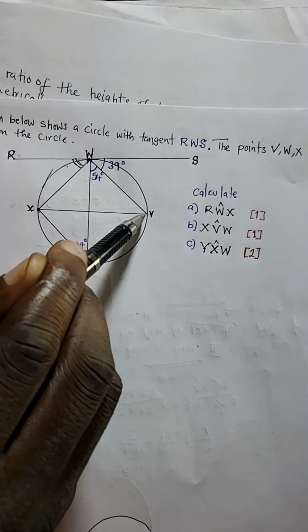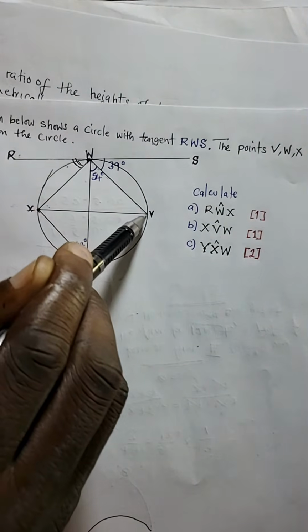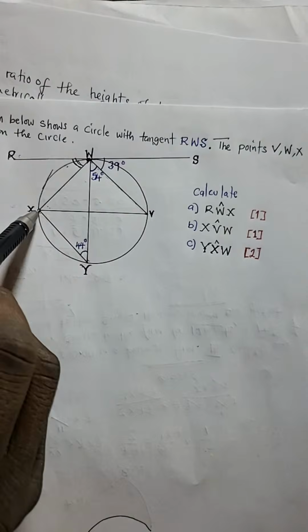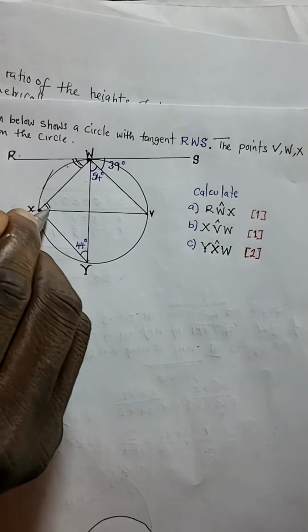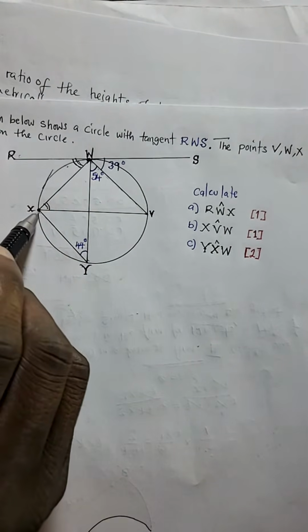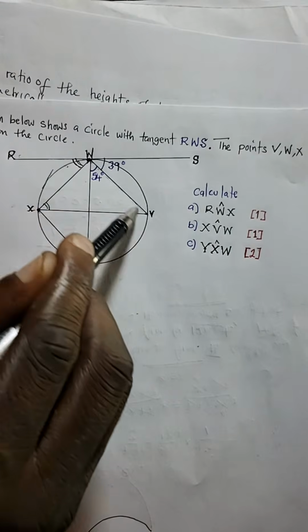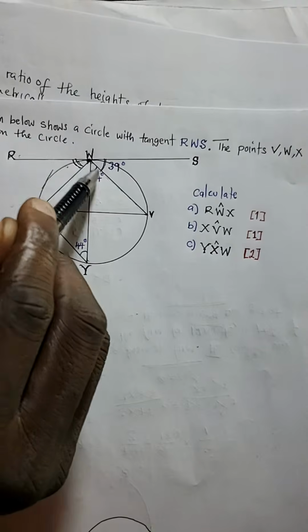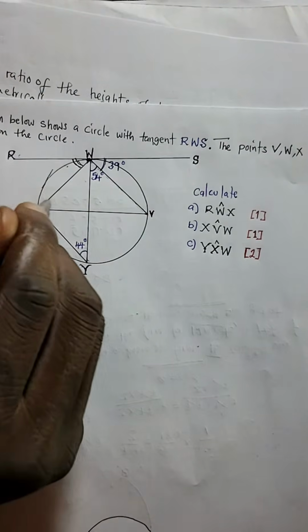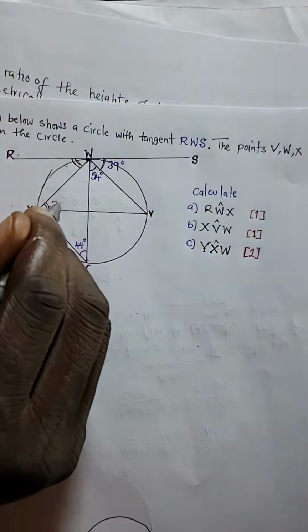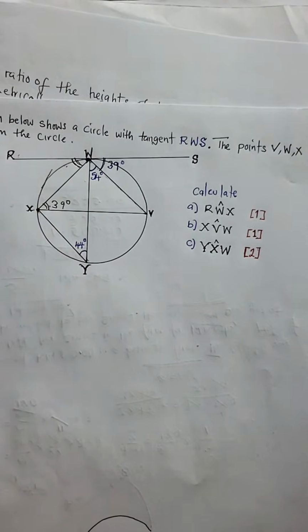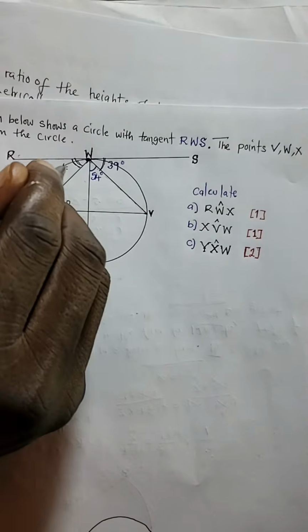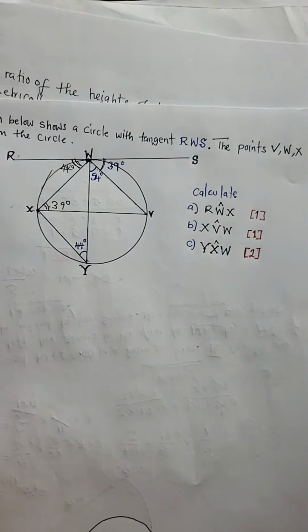And this is forming an angle here at X. So since it's forming an angle at X and it's arising from this line, then this external angle here is equal to this. So even here is 39 degrees. Okay, then here is 44 degrees.